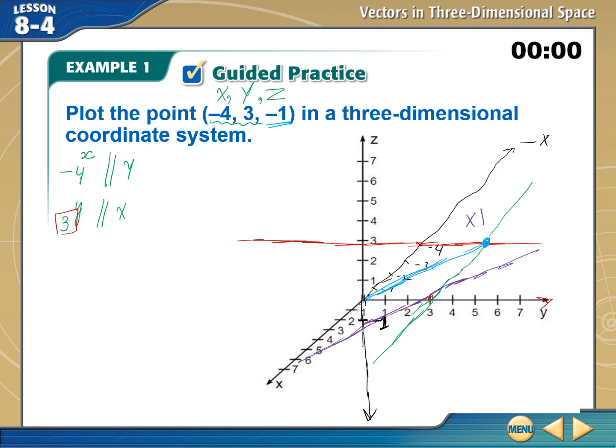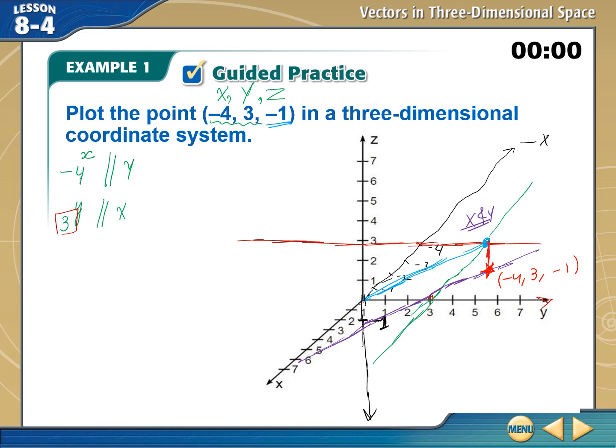Where x and y are intersecting, from that point make a line parallel to the z-axis. And this purple line, wherever this red line is meeting, is our new point, that is -4, 3 and -1. So this point here, the star point in red, is our final point.